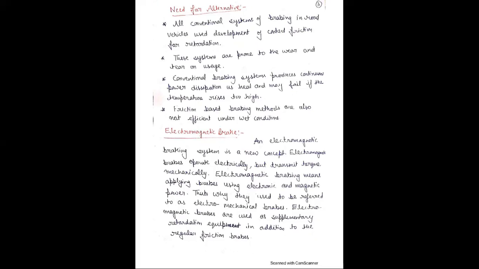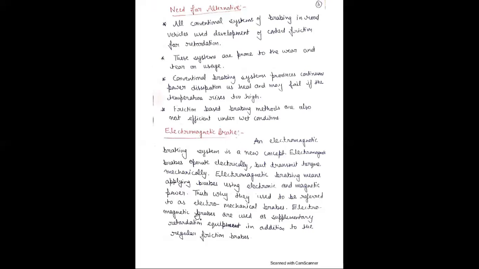Now, the need for an alternative. This is a conventional brake, and what are the disadvantages of conventional brakes that are used in cars, vehicles, etc.? First of all, the conventional system of braking in road vehicles like cars uses contact friction for retardation, basically for brakes, because in that we use contact friction between wheels and the ground.